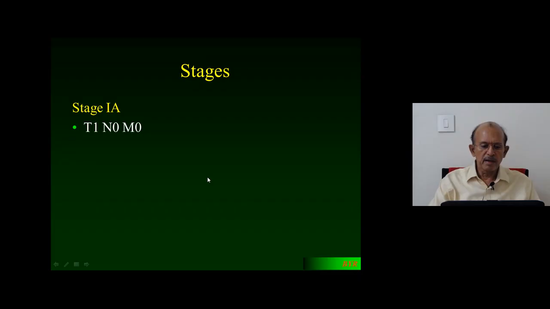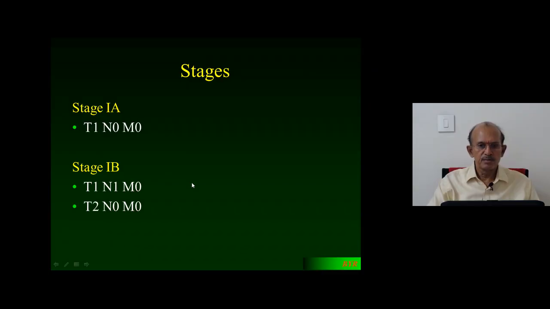Yes, when the tumor has spread up to the submucosa, then we call this T1. So stage 1A means T1, N0, M0. Stage 1B means T1, N1, M0 or T2, N0, M0.